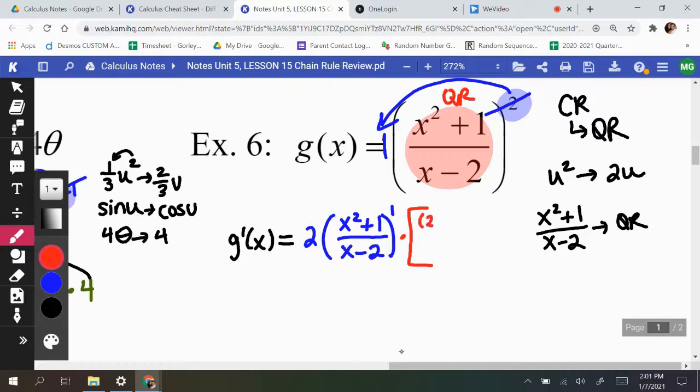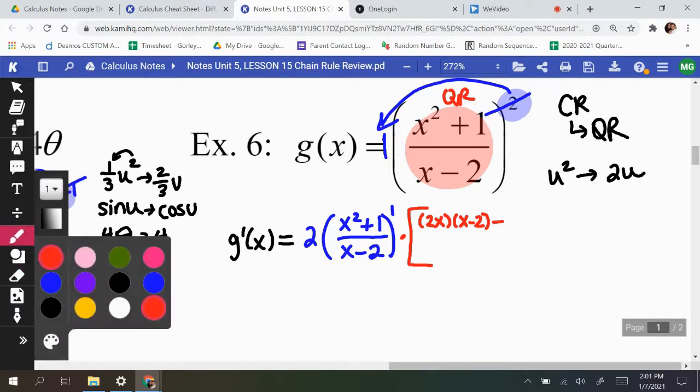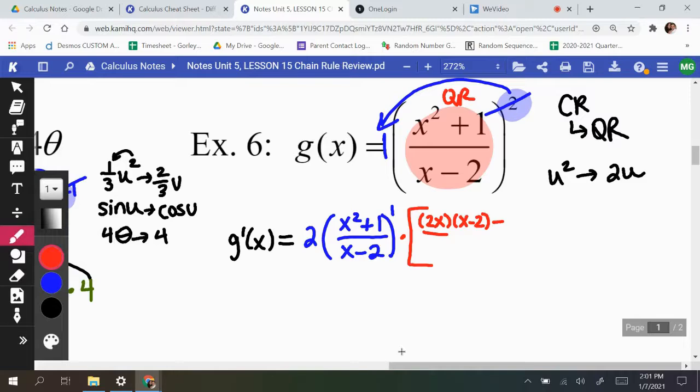We take the derivative of the top times the bottom minus, and I'm going to run out of room, so I'm going to just squiggle this out, erase it. Okay, so again, we have derivative of the top times the bottom minus, then we have the top times the derivative of the bottom all over the bottom squared, right?